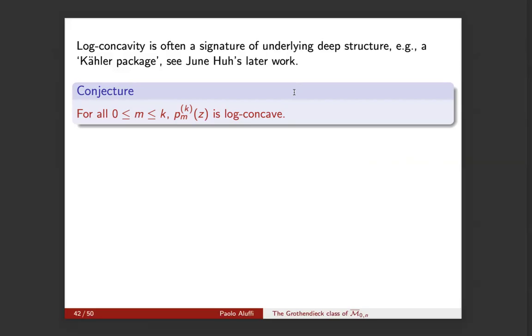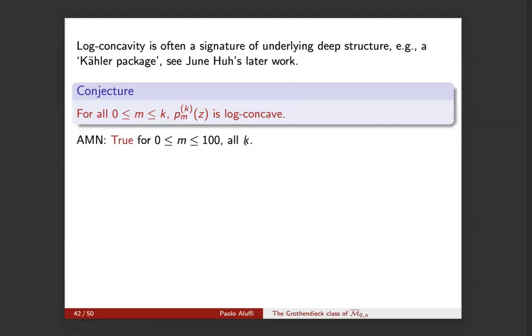Okay, so I was going to advertise the conjecture that these objects may be log concave. As a consequence of the Stirling formula, of the formulas that I talked about so far, you can prove that this is true, basically as far as your computer will allow you to do it.